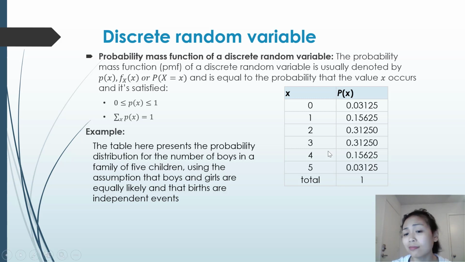So here's the table, and on the table we see that a family can have either no boy, 1 boy, 2 boys, 3 boys, 4 boys, 5 boys, and the probability is listed in the second column. So any value of the probability should be between 0 and 1, and these probabilities add up to be 1. The sum is 1.